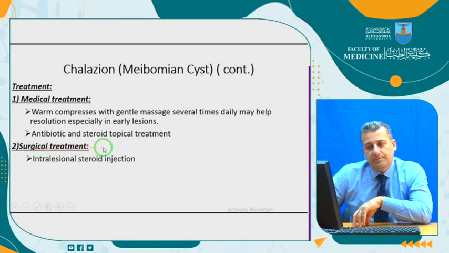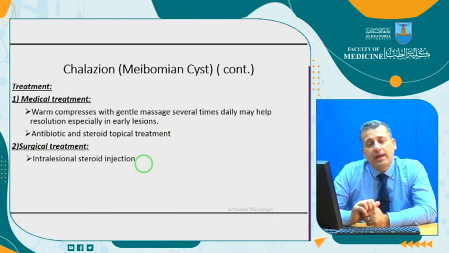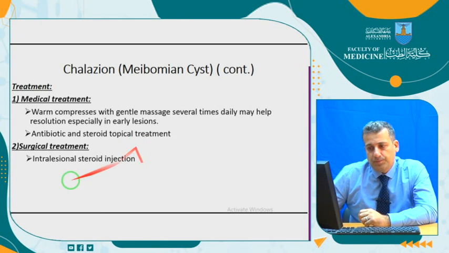What about the surgical treatment? Intralesional steroid injection. We can inject inside the cyst itself steroids. The steroid will help to resolve the inflammation and help to reduce the size of the granuloma, which is the chalazion itself. However, steroid injection can cause some problems such as depigmentation of the skin around the chalazion. It can cause some problem inside the eye, because if this is repeated, it can cause raised intraocular pressure and so.